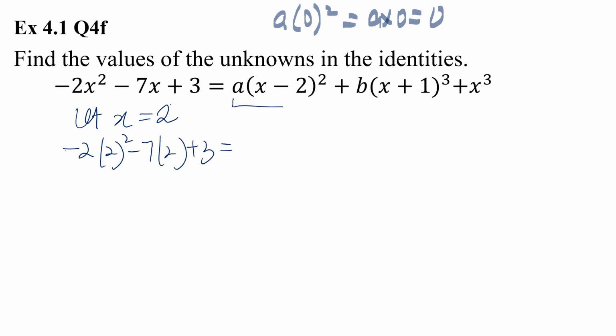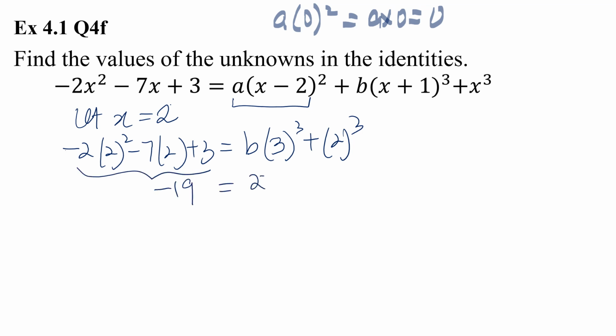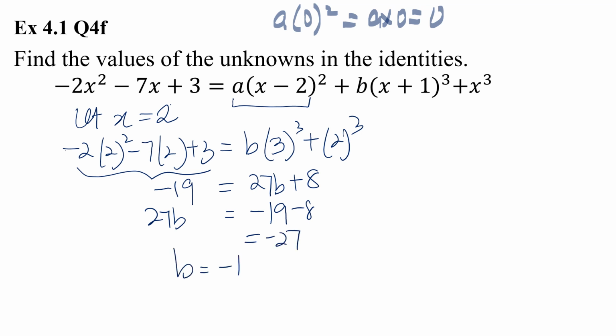This guy will be 0, so don't bother to write it out. If you simplify this, that will give you negative 19. This will give you 27b plus 8. So 27b will be equal to negative 19 minus 8, which gives you negative 27. So b will be negative 1.